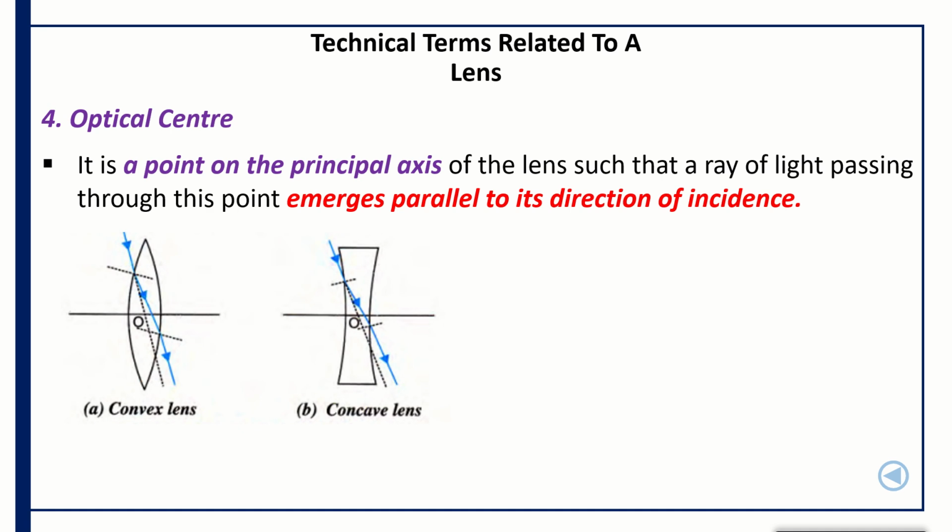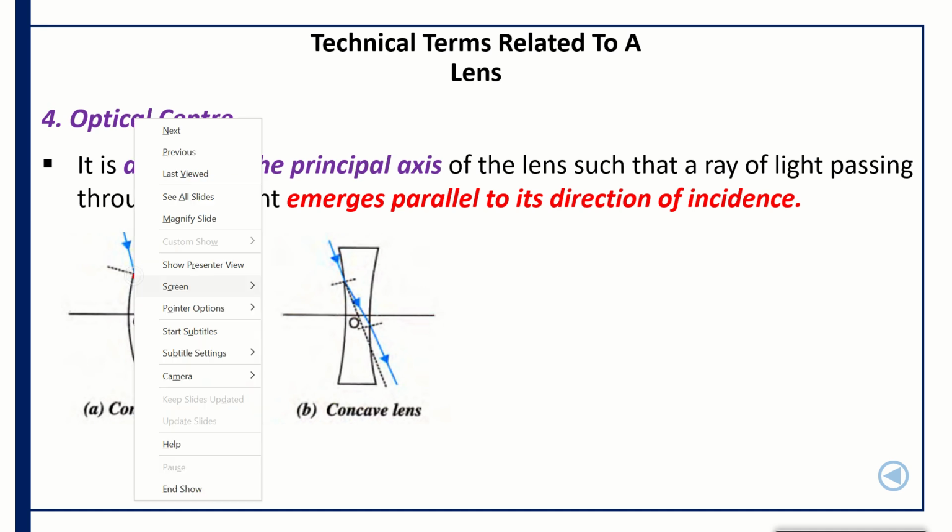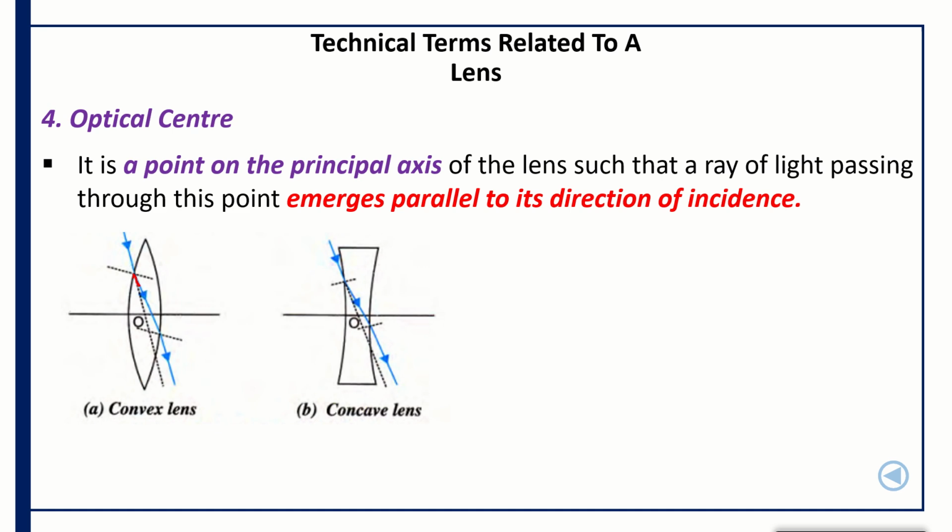When a light ray falls on the lens, it first gets refracted. The light is coming from a rarer to a denser medium, so the refracted ray is bending towards the normal. If I draw a normal at that point of incidence, then it is bending towards the normal.